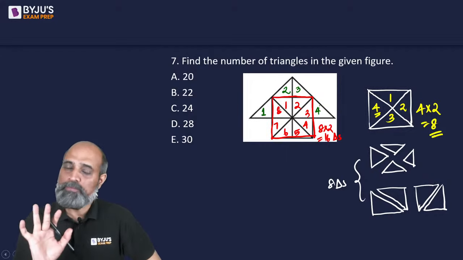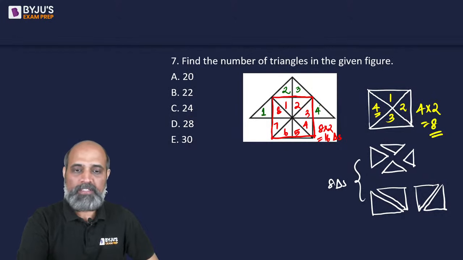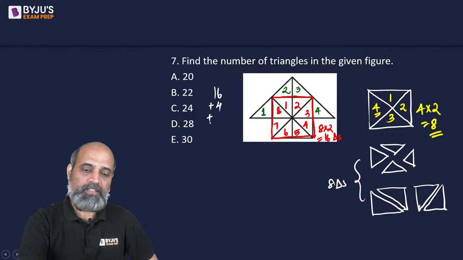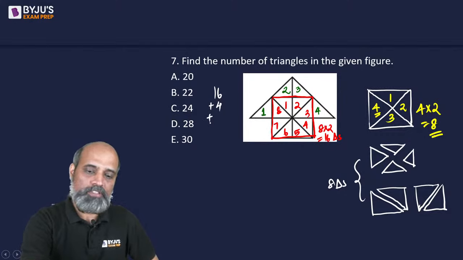So we have 4 of them more, right? So let's keep the count. We had 16 and then we get 4 more. Okay. Let's count more of them.